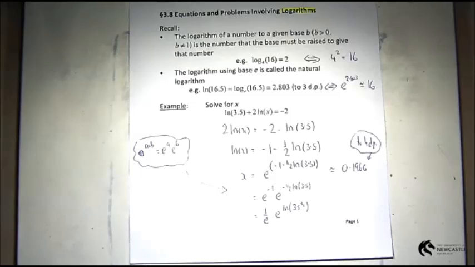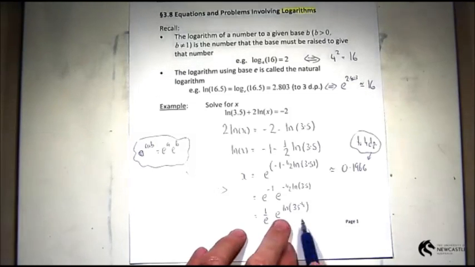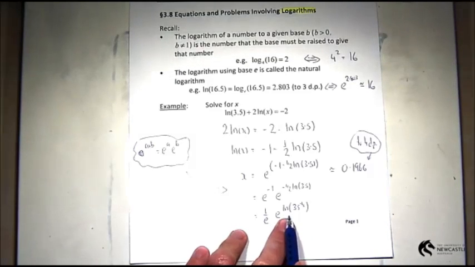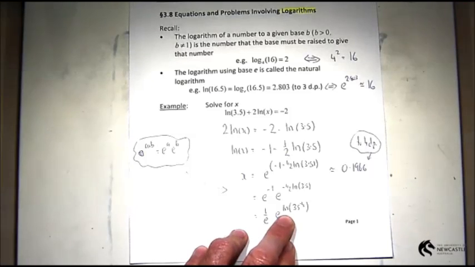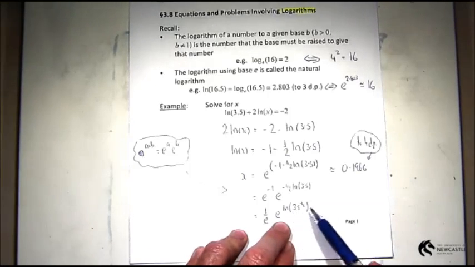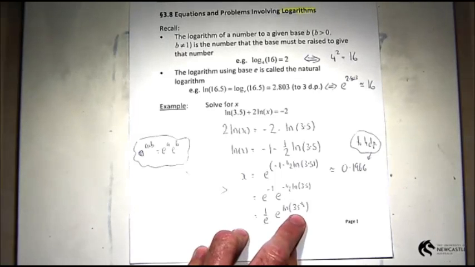Now, this log here is log to the base e. It says, what power must e be raised to give 3.5 to the minus a half? I don't know what that power is, but if I raise e to that power, I must get 3.5 to the minus a half.